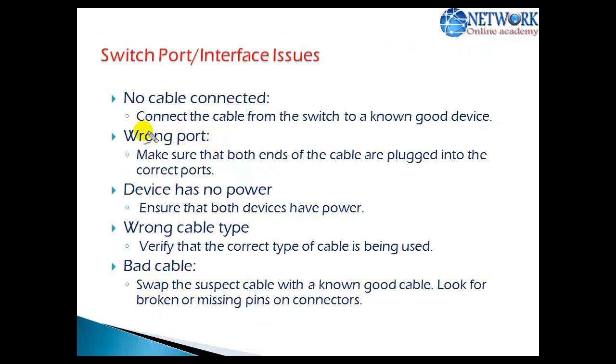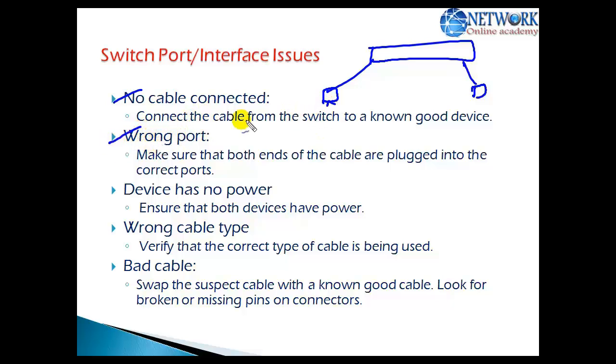I listed here the first thing, simple: no connection. My switch and my PC are not able to communicate. The first thing you have to make sure is that the connection between the two devices in your network is correct. If there is no cable connected, you will not have any communication between them.